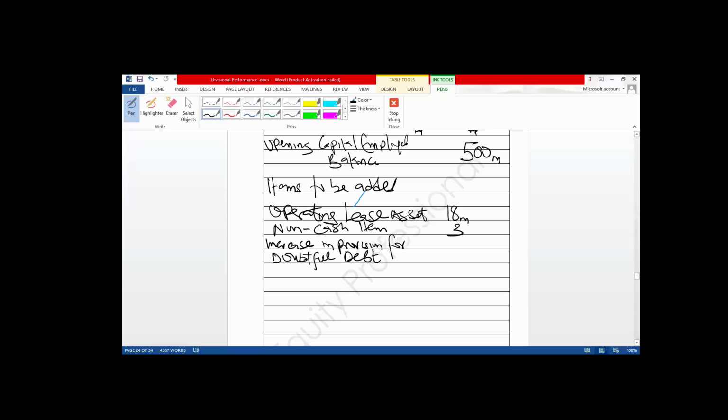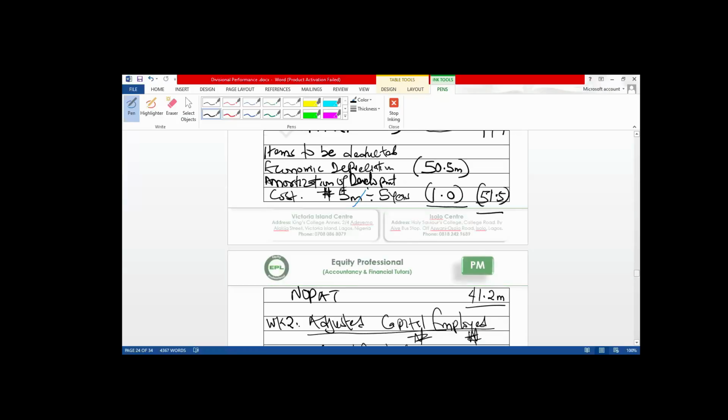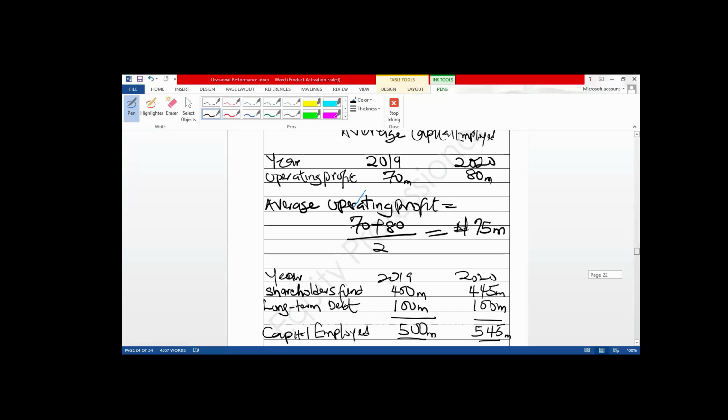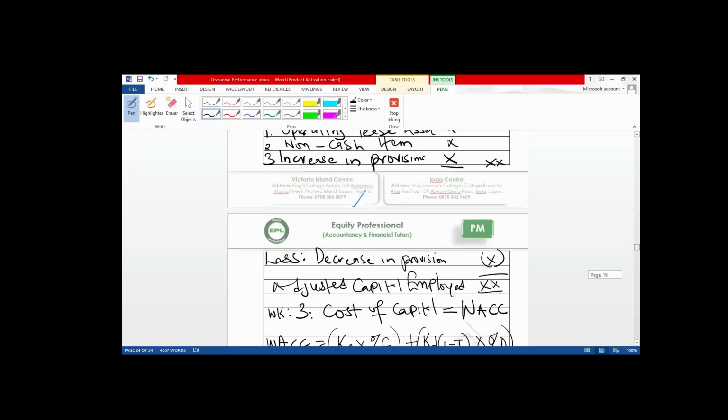Look at the provision in the income statement and the provision in the balance sheet statement for 2020, sorry. Please look at this.